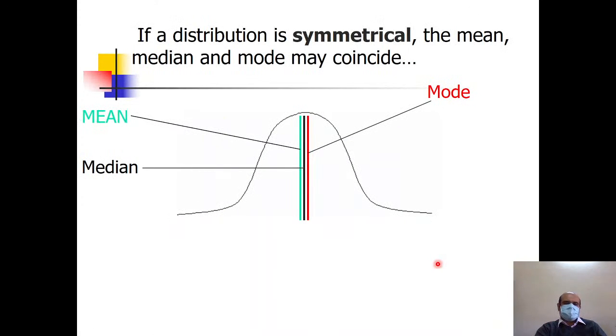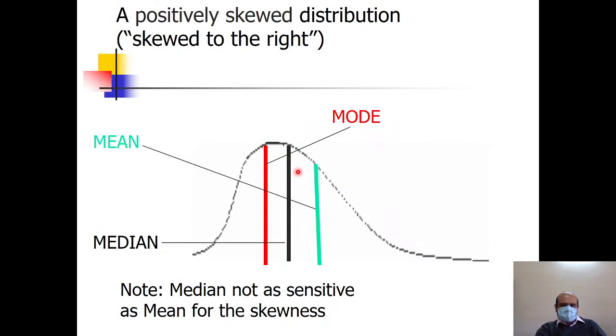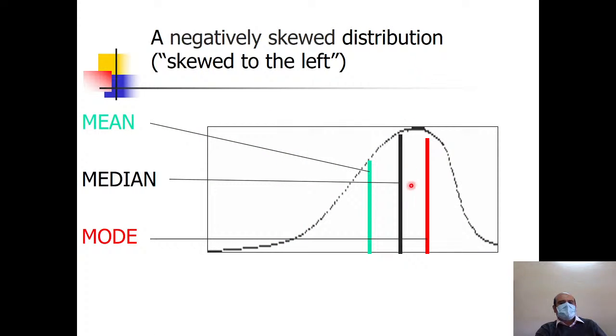If you see in this graph, if a distribution is symmetrical, the mean, median, mode coincide. They are all the same. If the data is skewed on the left side, you see the mean is smaller, the mode is bigger, and the median is similar.